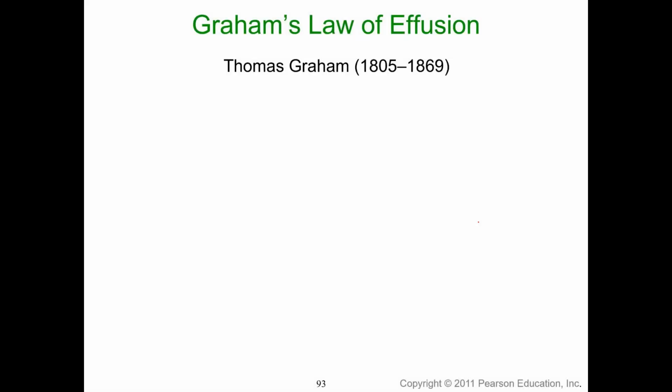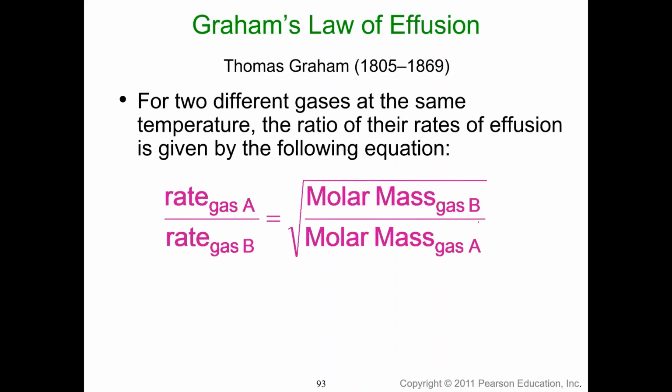All right. That brings us to what we call Graham's law of effusion. It's saying that when we have two gases, gas A, gas B, in a mixture, and you want to find out the rate of how they are effusing with respect to each other, you can set up the rate of A over rate of B equals the molar mass of B over molar mass of A. Okay.